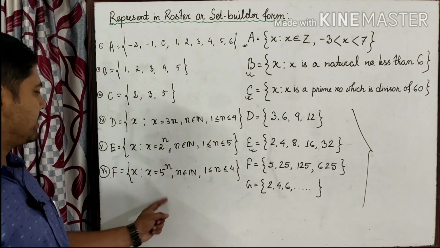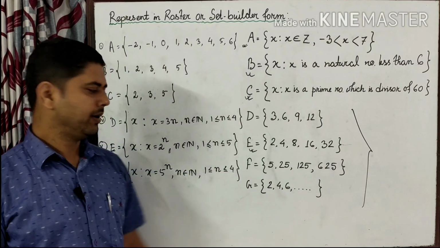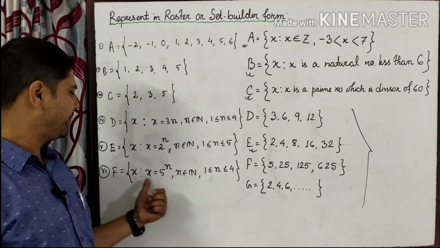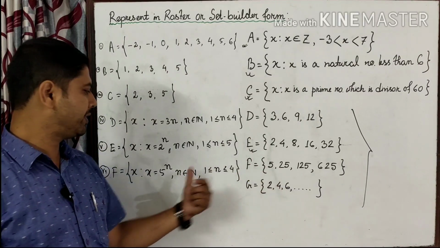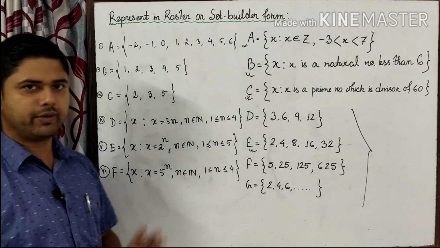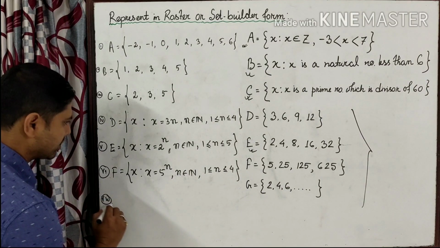Isn't it? When you consider n equal to 4, you have 5 to the power 4, 625. When n equals 1, you have 5 to the power 1, 5. Putting 2 gives 5 square, 25, putting 3 gives 5 cube, what? 125. Clear?